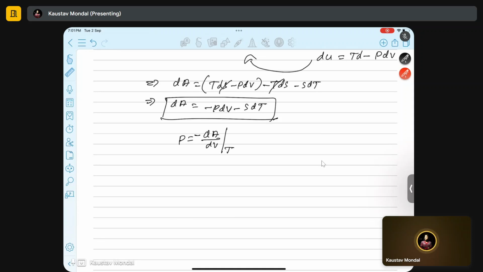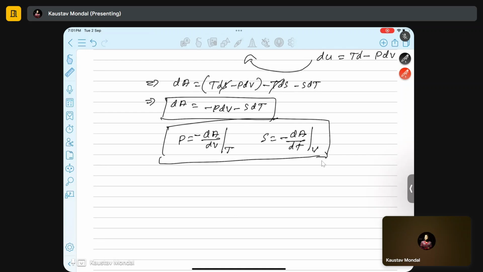Similarly, the entropy is minus dA by dT at constant volume.